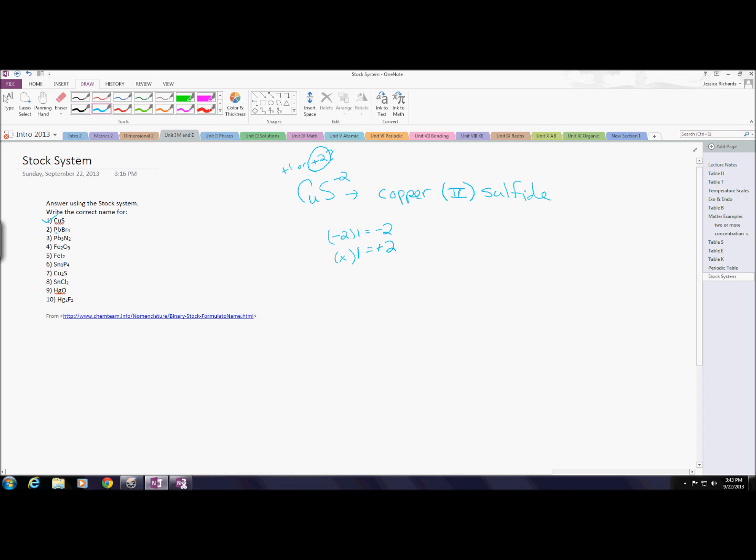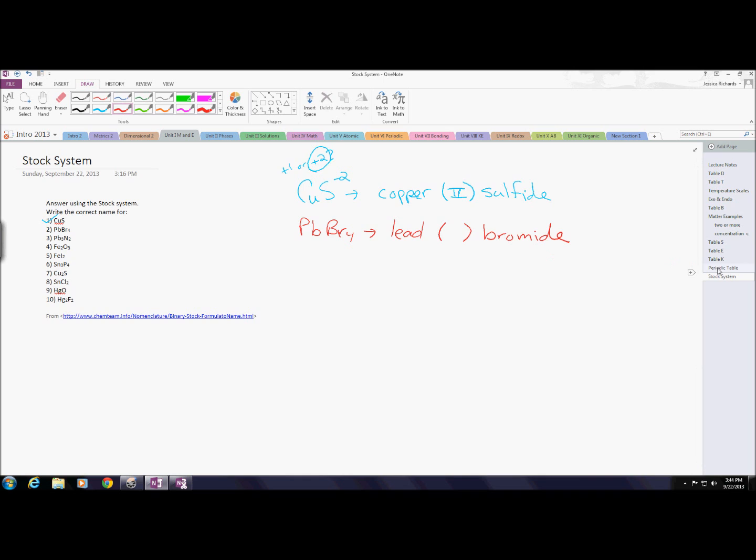PbBr4. So Pb is lead. We just used that for one of our other examples. Pb is lead. So PbBr4, I know it's going to be lead. I know from my other example that it's going to need a Roman numeral. And Br is bromine, so it's going to become bromide.